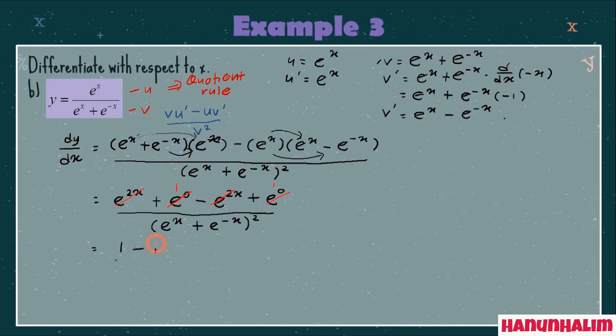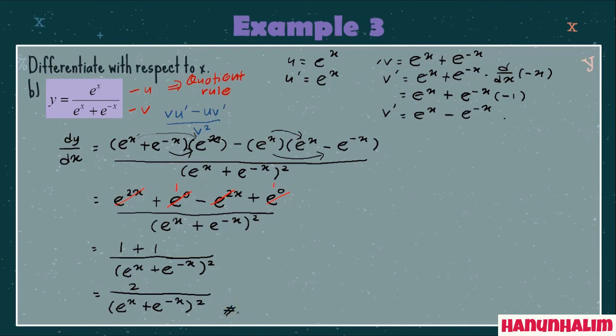So 1 plus 1 over e to the power of x plus e to the power of negative x squared. Okay, lepas tu boleh simplify lagi. 1 plus 1, 2 over e to the power of x plus e to the power of negative x squared. So dapatlah macam final answer dalam notes tu.